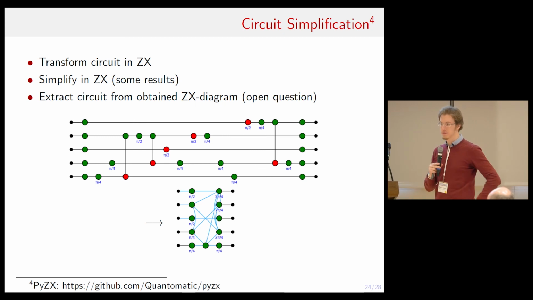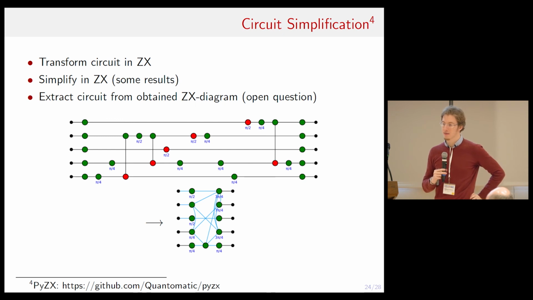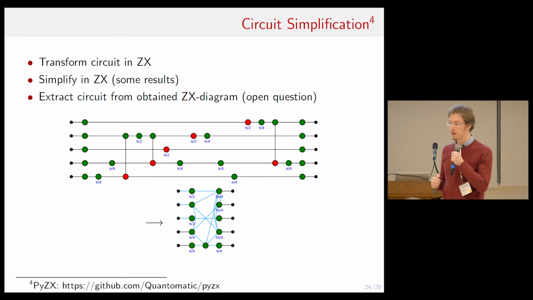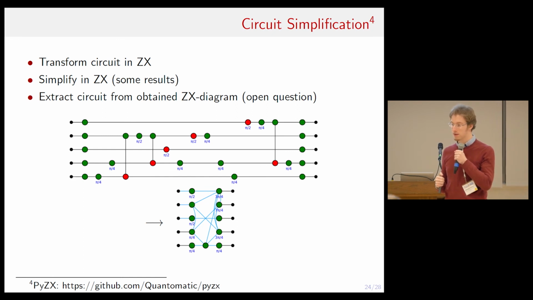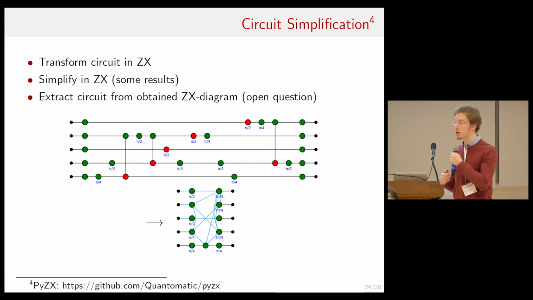Just adding to that question, it seems to me that you cannot extract from any ZX form to circuits. Can you extract from any ZX diagram to a quantum circuit? No, because you are allowed in ZX diagrams operations that are not unitary. Do you know any condition under which you can extract?